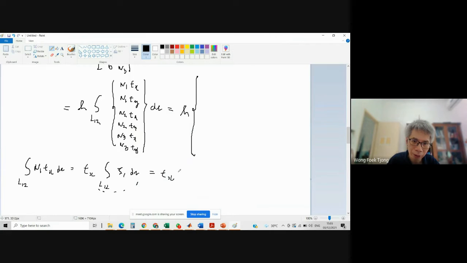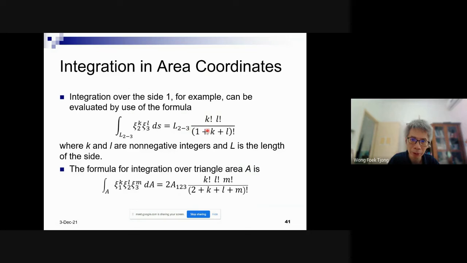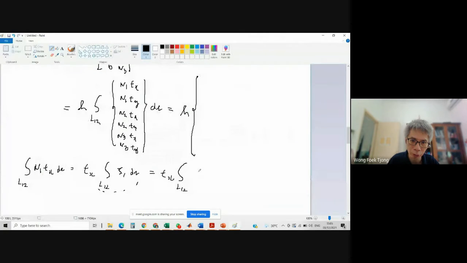So the integral along line 1, 2 only has C1, okay, no problem. This is C1 ds.